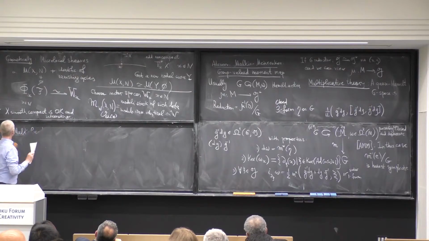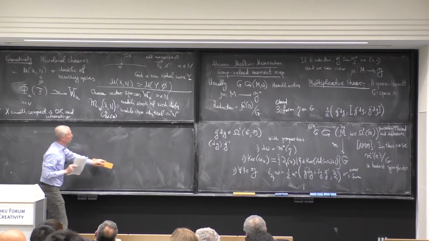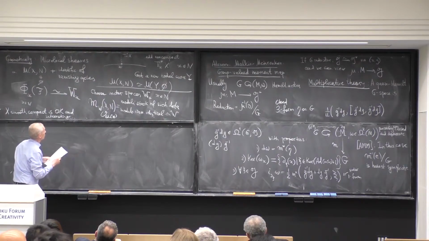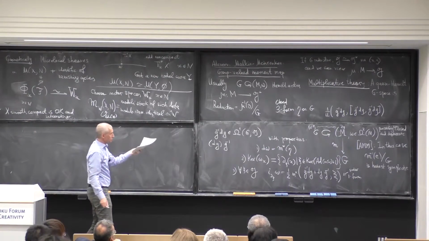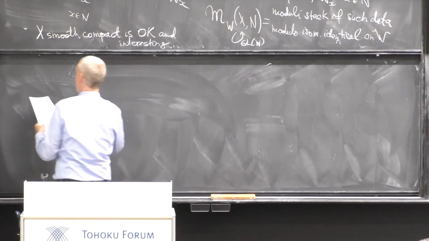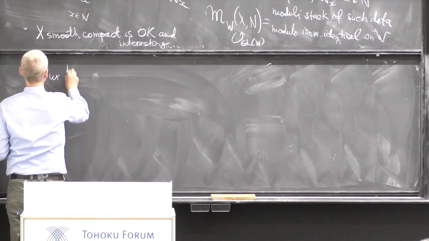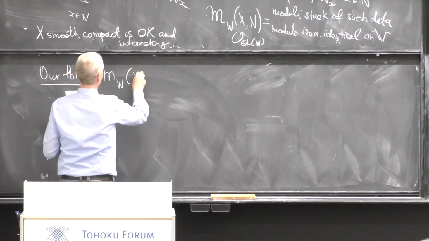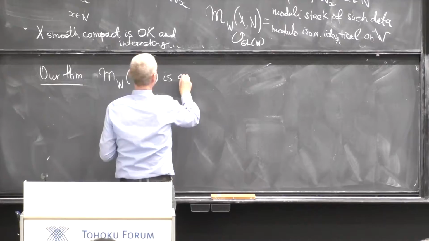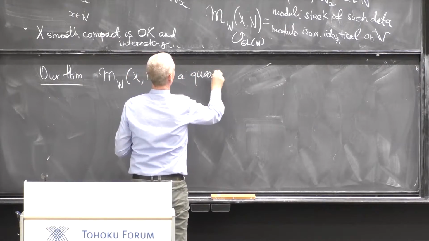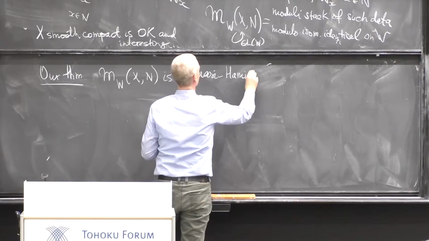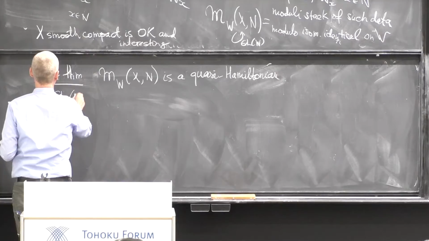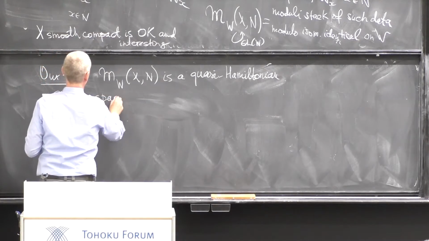That may be the reason why multiplicative quiver varieties are not known so widely: because it is not symplectic, supposedly we cannot do anything with it. But no, if you look at this systematically, then it is a very useful concept. So our theorem is that this space is a quasi-Hamiltonian G-space.